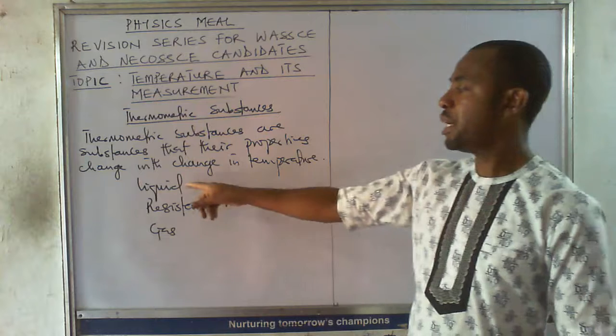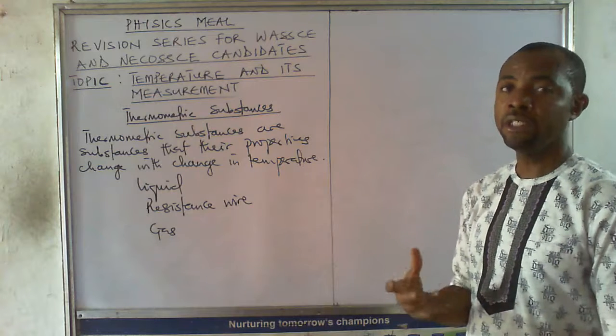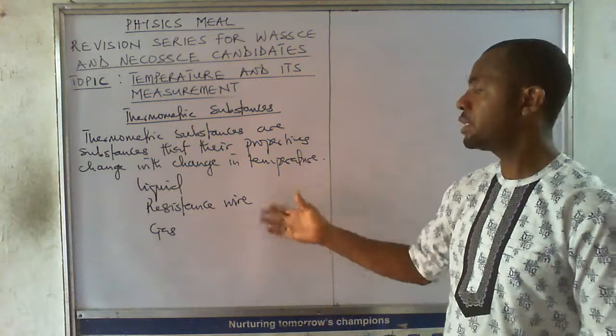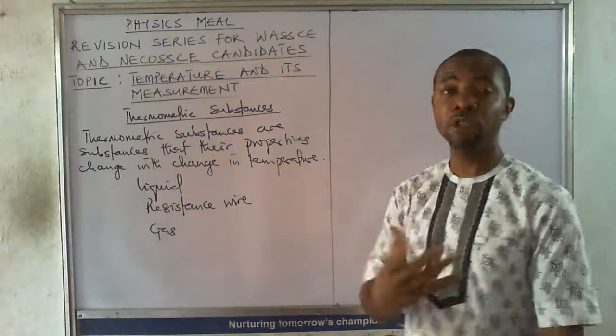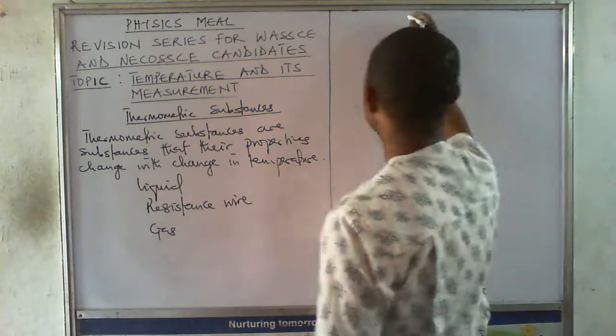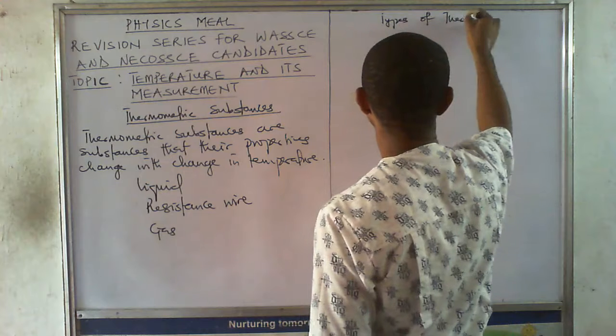Now, what we should be asking is: what property of a liquid will change with temperature change? Or what property of a resistance wire? And what property of a gas? That will give us the types of thermometer we want to look at.